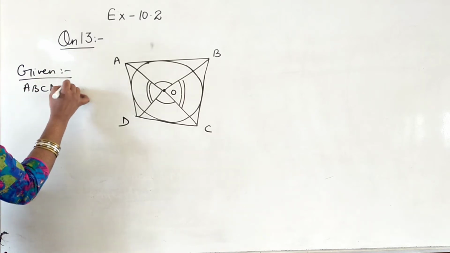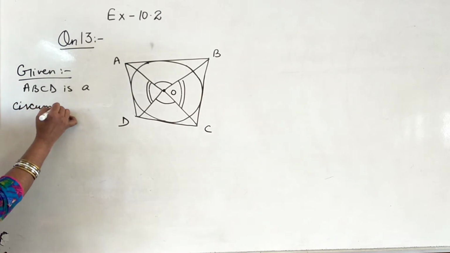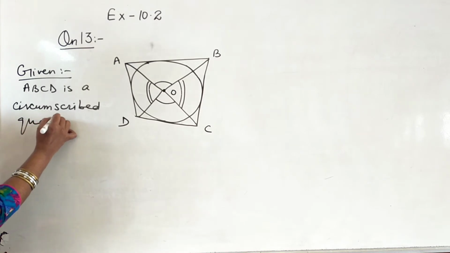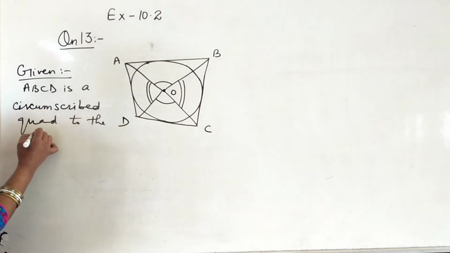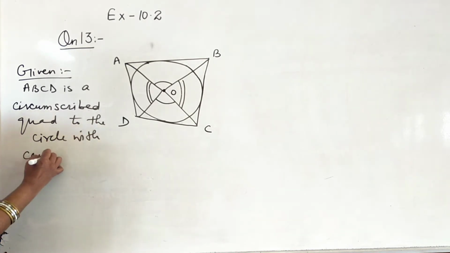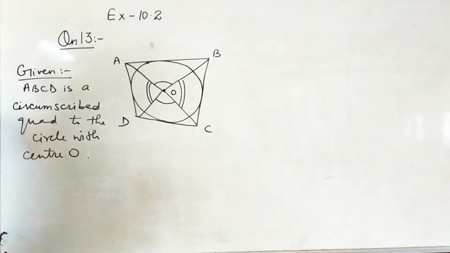ABCD is a circumscribed quadrilateral to the circle with center O. So this is the given. Now what we have to prove?